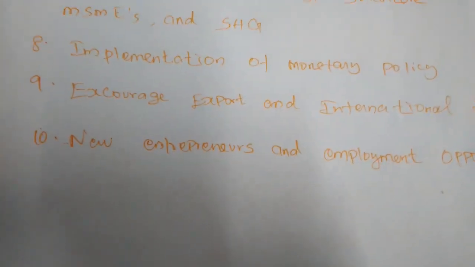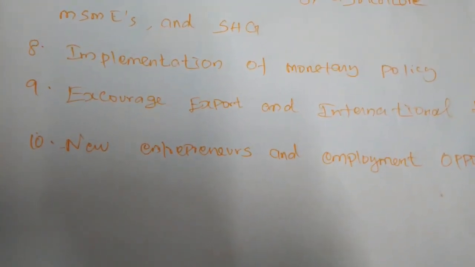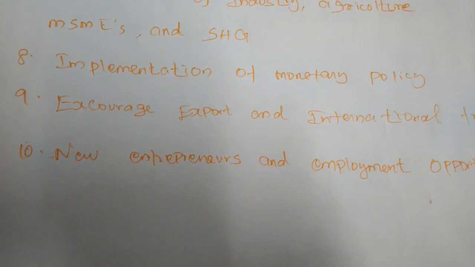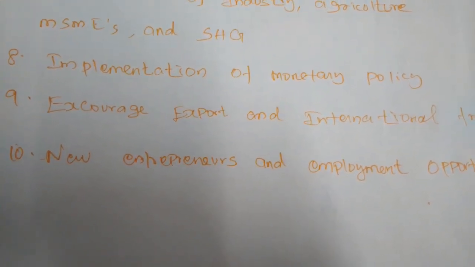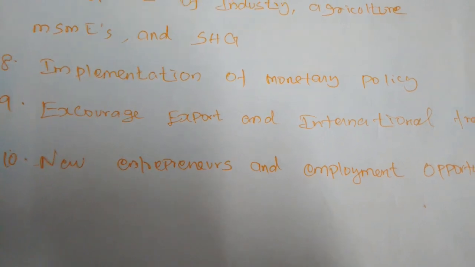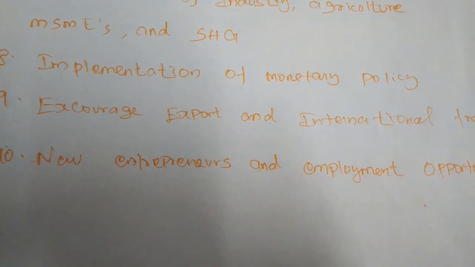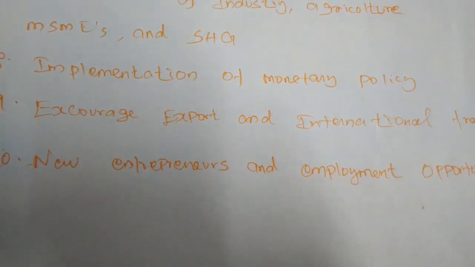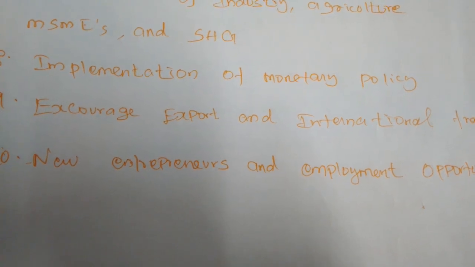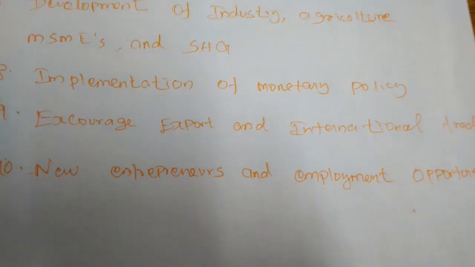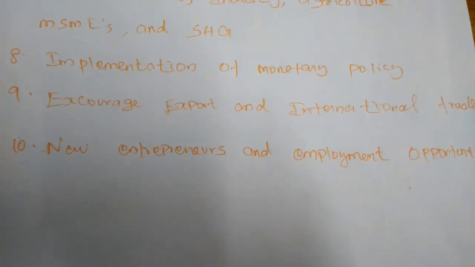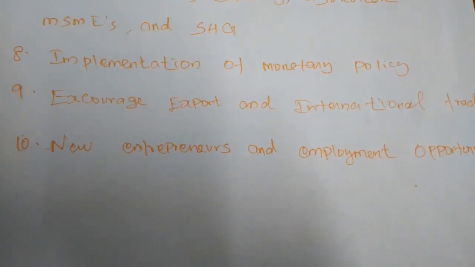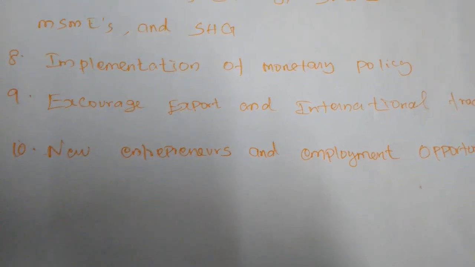Next, new entrepreneurs and employment opportunities. Entrepreneurs obtain project loans and establish new business houses. By providing the required credit, banks generate more economic activities and new employment opportunities. Whenever the entrepreneurs are in need of financial facilities, the commercial bank will provide it all.